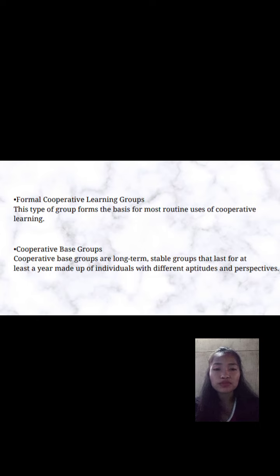This type of group forms the basis for most routine uses of cooperative learning. Groups are assembled for at least one class period and may stay together for several weeks working on extended projects. Lastly are the cooperative base groups. These are long-term stable groups that last for at least a year, made up of individuals with different aptitudes and perspectives. They provide a context in which students can support each other in academics as well as in other aspects of their lives.